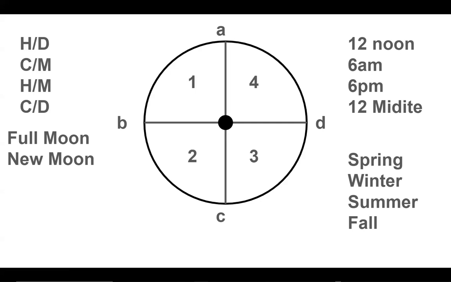All energies, right? Because energies move in cycles. When we say cycle, what we're really talking about is the motion of energy moving, and it moves in a cyclical manner, right? It moves in cycles.